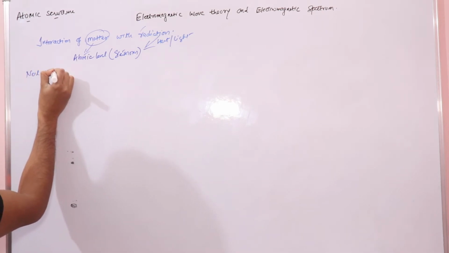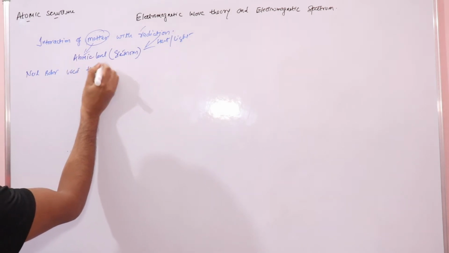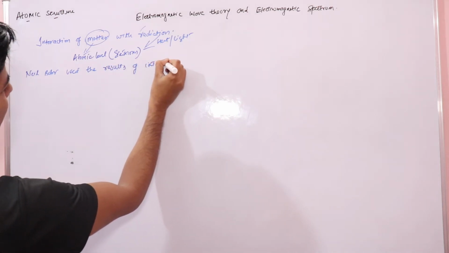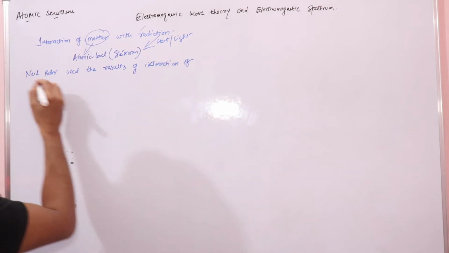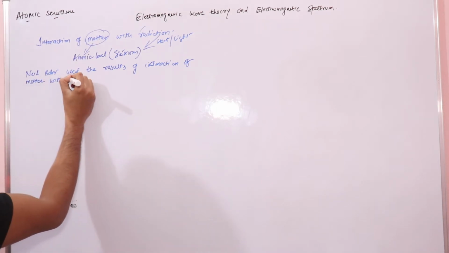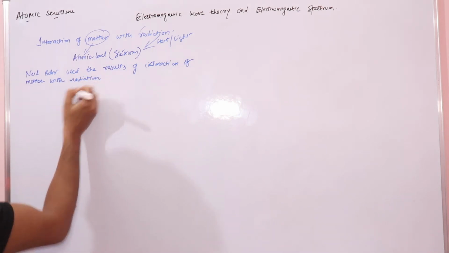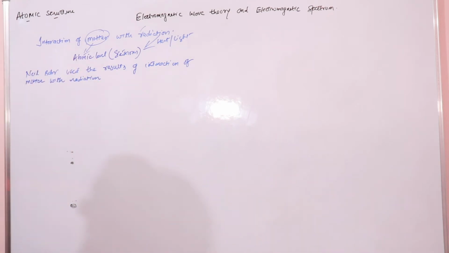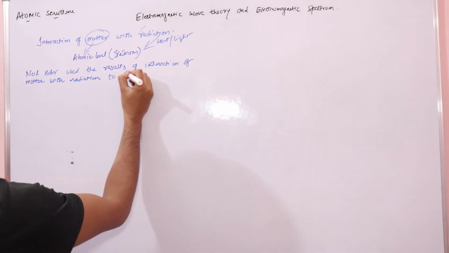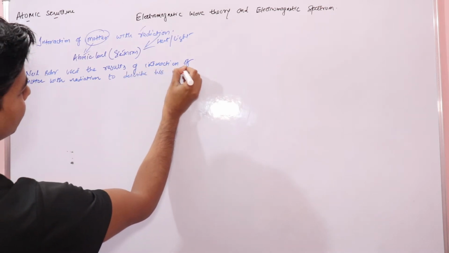Niels Bohr used the results of the interaction of matter with radiation, and he used these results to describe his model of atom.